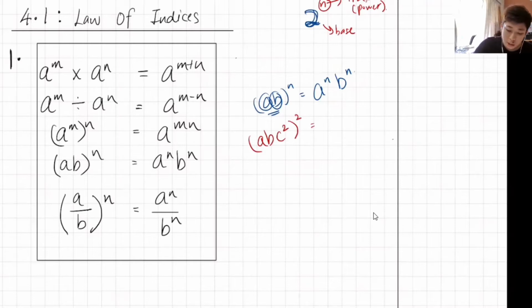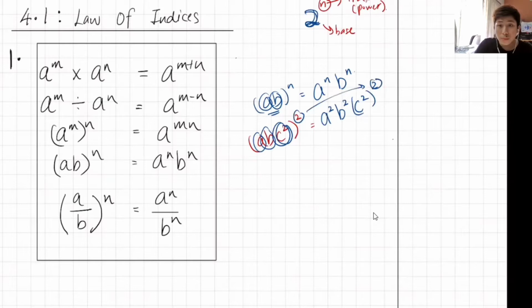You have three different items multiplying each other, a, b, c squared. So what you get is basically a squared times b squared times c squared, with the c squared then squared because of the outer power.